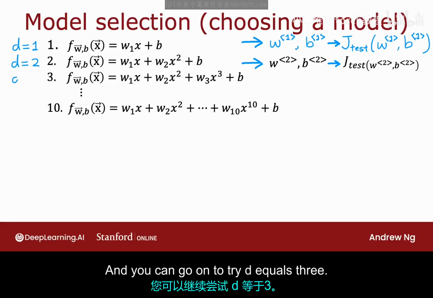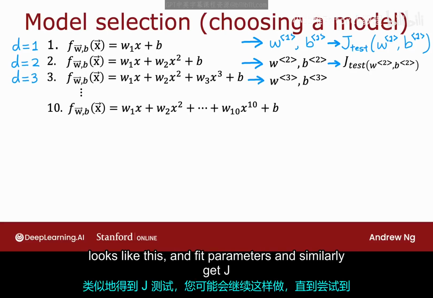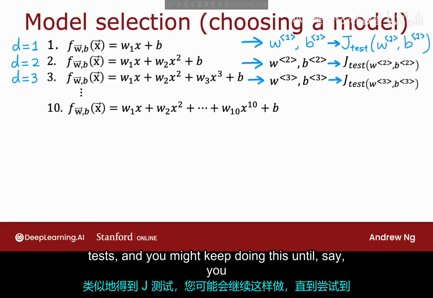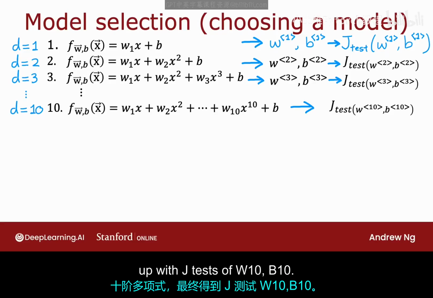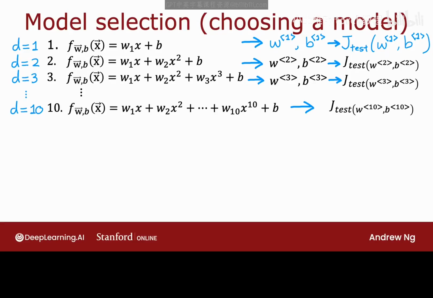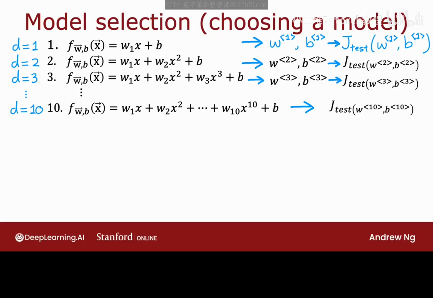And you can go on to try d equals 3. That's a third order or a degree 3 polynomial that looks like this, and fit parameters and similarly get J-test. And you might keep doing this until, say, you try up to a 10th order polynomial and you end up with J-test of W10, B10. That gives you a sense of how well the 10th order polynomial is doing.